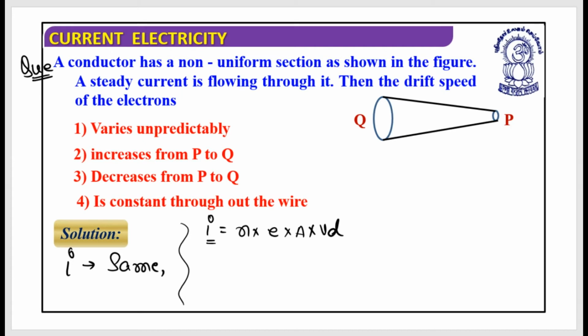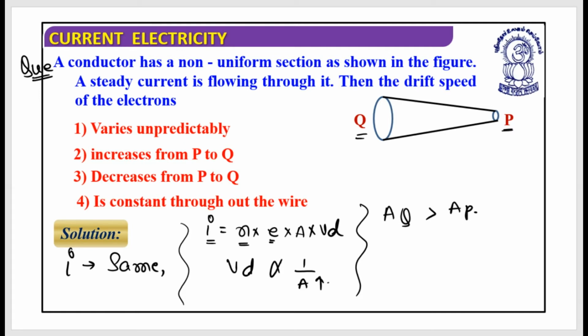I is the same, N is the number density which is always the same, e is the constant. So Vd is inversely proportional to the cross-sectional area. As I can see very clearly, the cross-sectional area of Q is greater than the cross-sectional area of P.